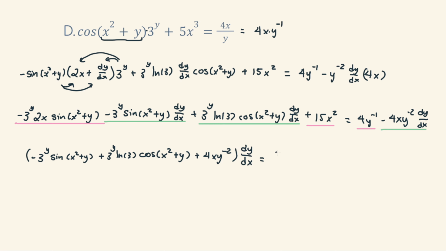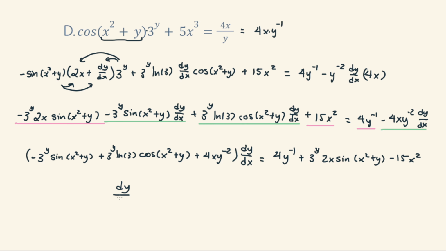And on the right here, we've got 4y to the minus 1 plus 3 to the y 2x sine of x squared plus y minus 15x squared. And all that's left to do now is to divide this equation, both sides, by the bit in the brackets here.